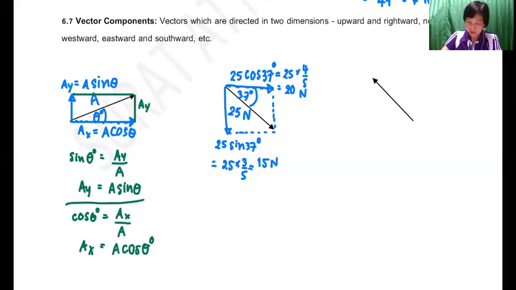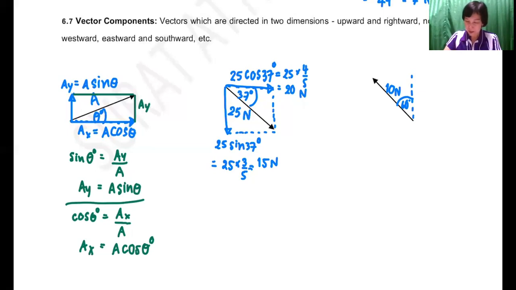I will let you do this one. Suppose this is 10 Newton, at an angle of 60 degrees away from the north to the west.